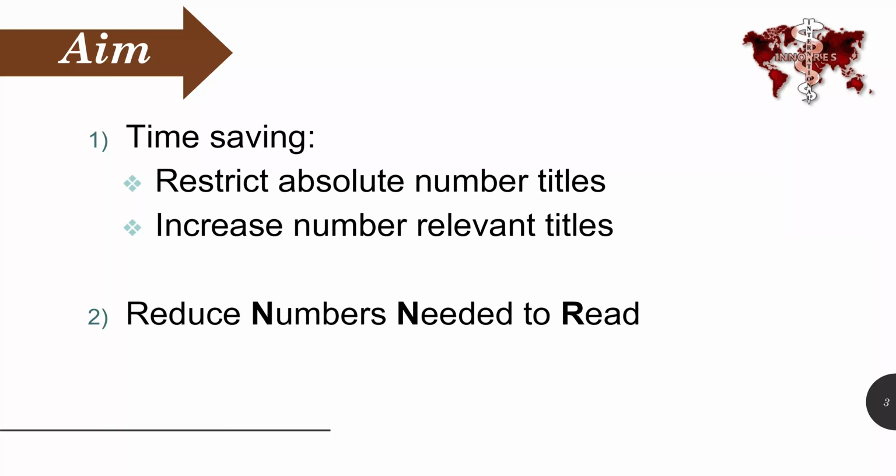So your aim for literature search should be saving time by restricting the absolute number of titles and increasing the number of relevant titles. In that way, you will reduce the numbers you will need to read for your literature search. Does that make sense, right? This should be our aim, and then we will strategize on how to reach this aim.